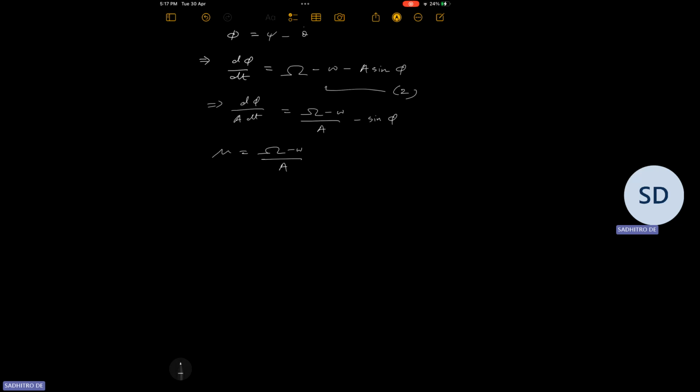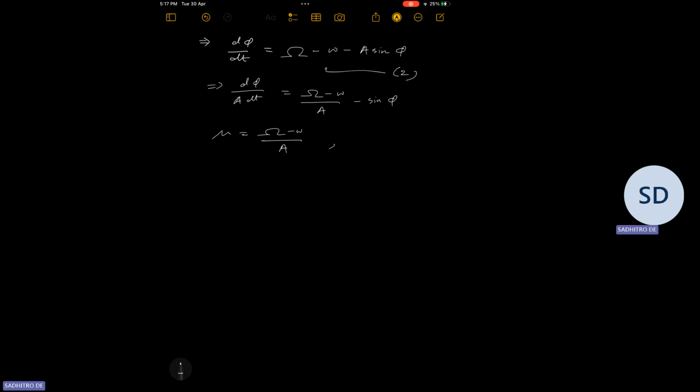This tells us that mu will be small if the resetting strength is very large, or if the difference between the frequencies is small, even if capital A is small. And mu is large if either capital A is very small or the difference between the two frequencies is large. Okay. And we can also define a non-dimensional time scale as tau equal to A t.